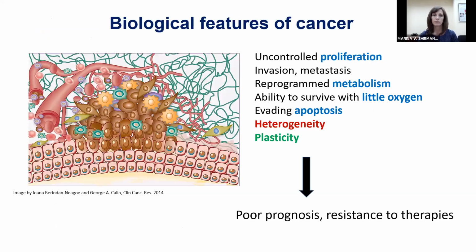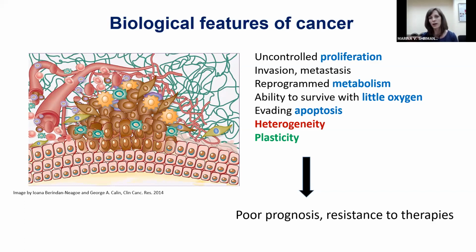Cancer is a very complex disease. It's very difficult to cure, and cancer cells differ from normal cells in many ways. All tumors share some physiological and biological features, like uncontrolled abnormal cell proliferation, invasion, and the ability to spread through the body from one organ to another, the process of metastasis.